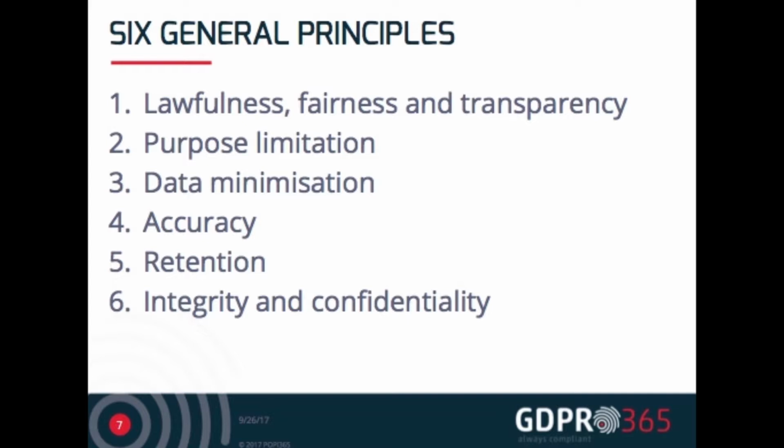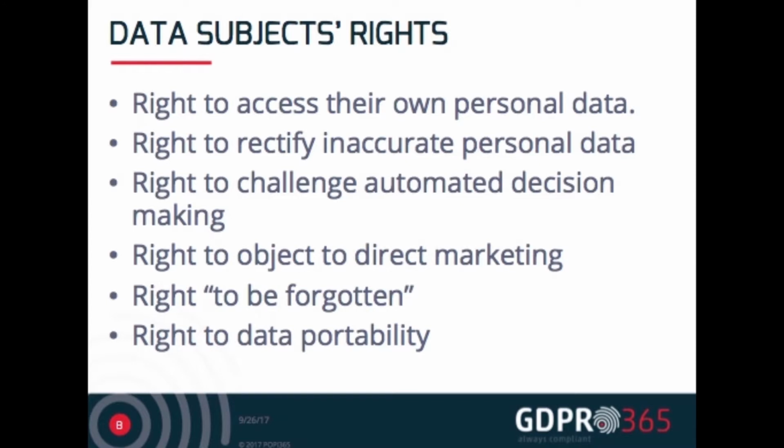So coming back to the data subject's rights, as I said at the beginning, this is the primary reason for implementing this new regulation. As I said, data subjects are any individuals on which you have personal data, and personal data is any information relating to an identifiable natural person.